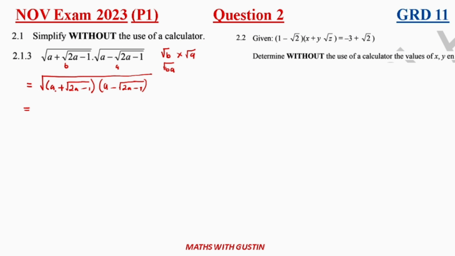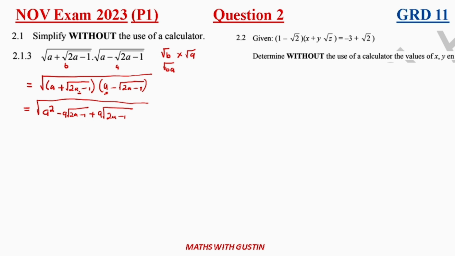So therefore, if you do this, you need to remove the bracket. A times a, still under the square root. A times a is going to be a squared. A times this one here is going to be minus a square root of 2a minus 1, and therefore square root of a minus 1 times a is going to give us positive a square root of 2a minus 1.